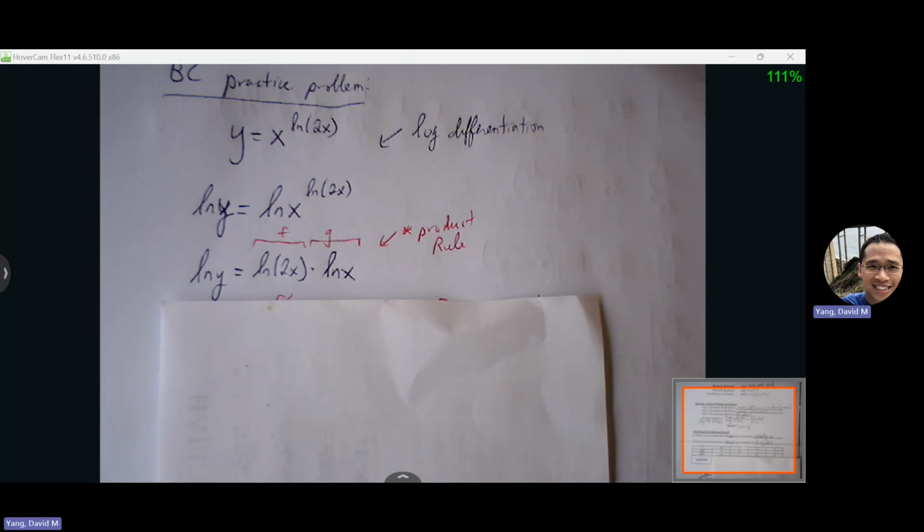Once you take the natural log of both sides, the exponent is free to come down. Once it comes down, then it turns into a variable times a variable. We have to go to the product rule.